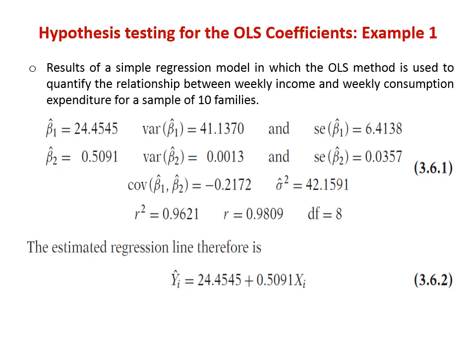So the question is, does this agree with our prior theoretical expectations? For example, the economic theory states that income and consumption are positively linked. So let's formally test this hypothesis.